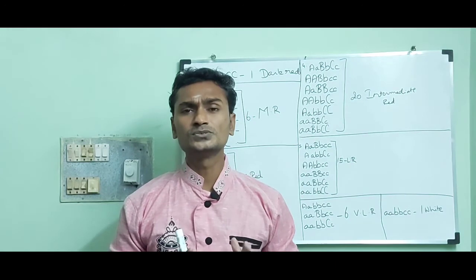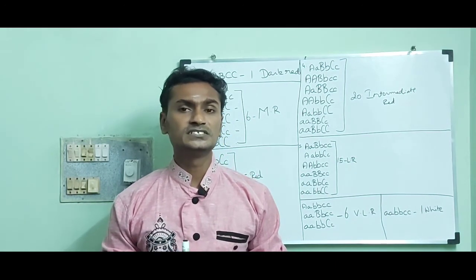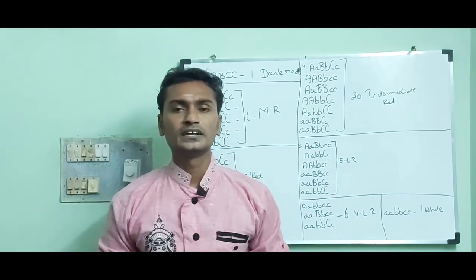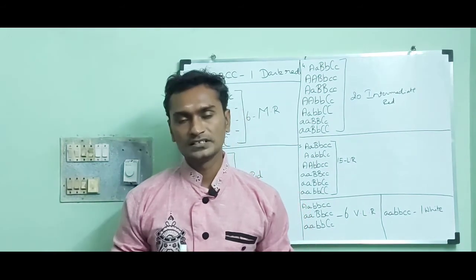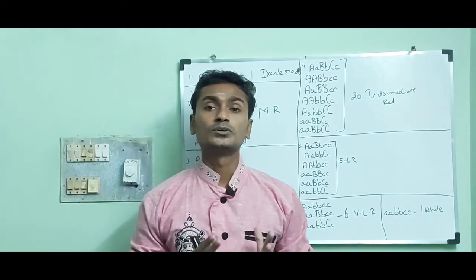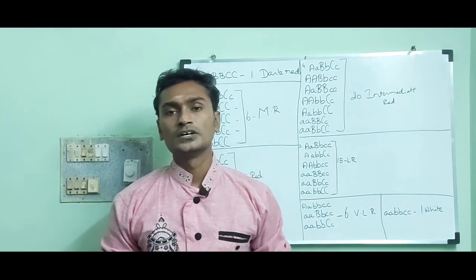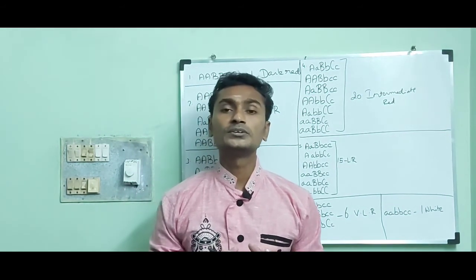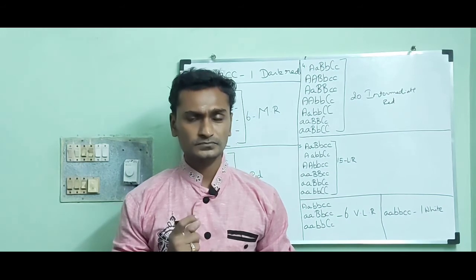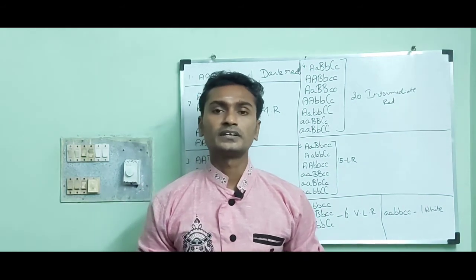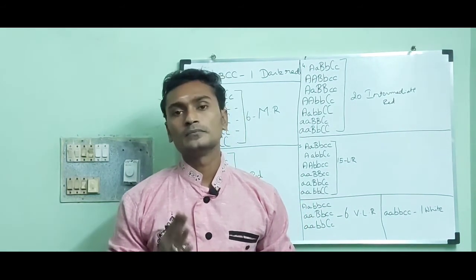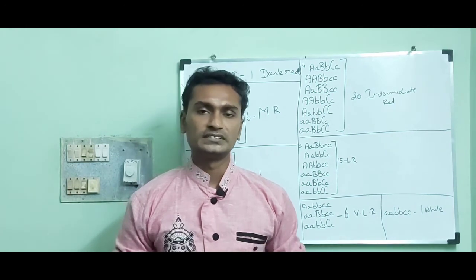This is due to the fact that genes segregate and recombination takes place. The wide range of wheat kernel color arises due to the cumulative effect of several pairs of gene interaction.